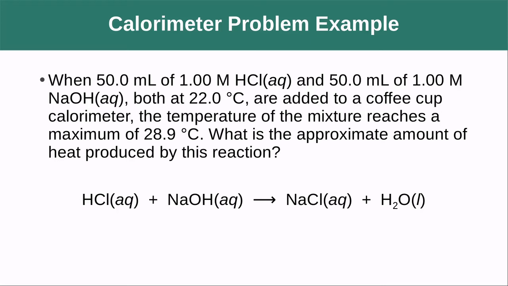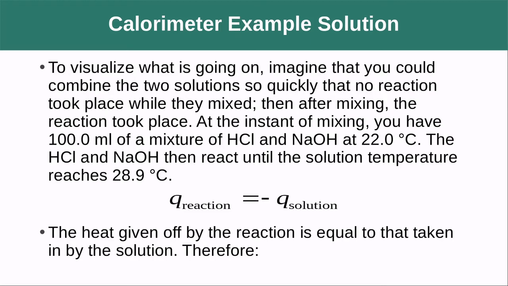In this case, our system are the molecules of HCl and NaOH that are combining together to form NaCl and water. We can't see it like we did with the metal before, but the math behind it is exactly the same. So we're going to have that our Q reaction, the heat given off by this reaction, is going to be equal to the negative Q of the solution.